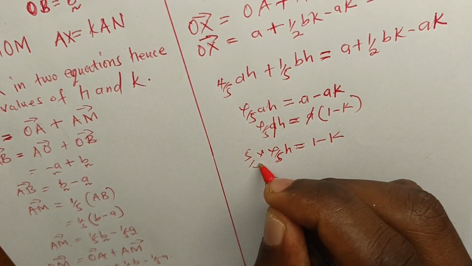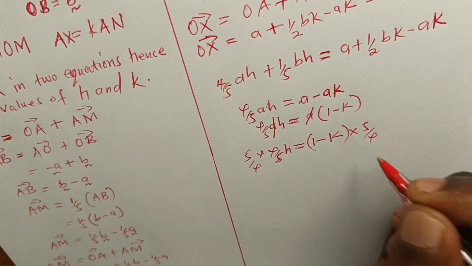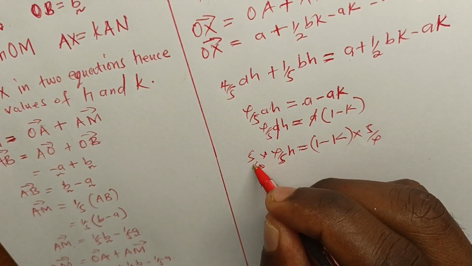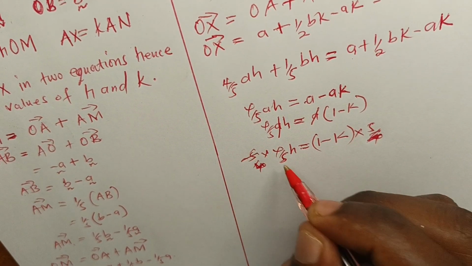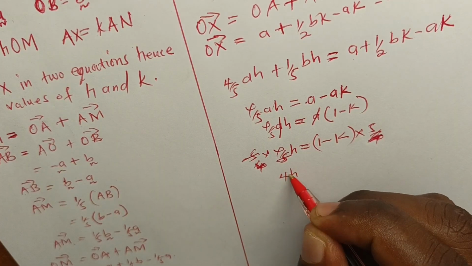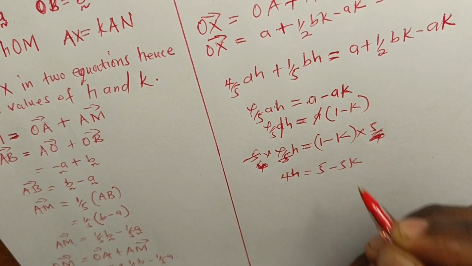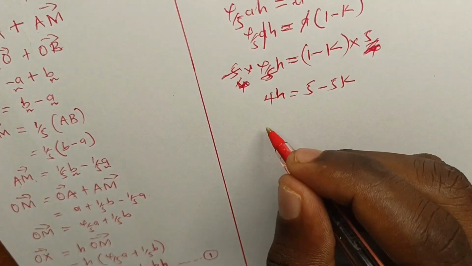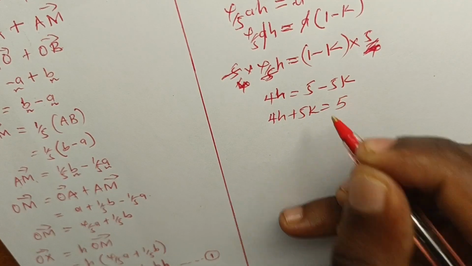Let's multiply by the denominator, both sides. I'll remain with 4h is equal to 5 minus 5k. Now this will give me 4h plus 5k is equal to 5.